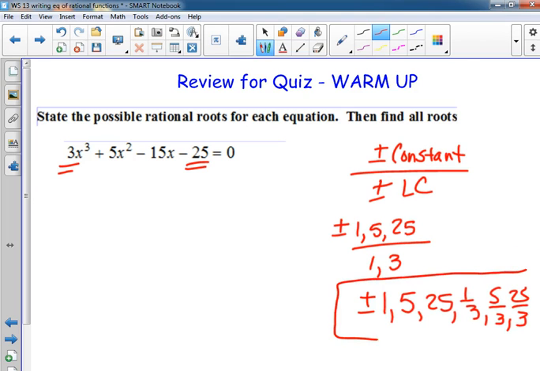Everybody okay? All right. For the question on the quiz, the next part would be to graph this and find a real zero. I really wish I had put a picture up here of this. It's not 1 or -1, I don't think. Somebody try 5 or just graph it.